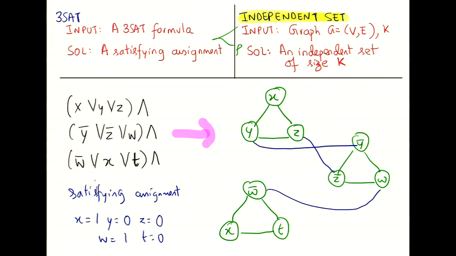Okay. And so we have a reduction from 3-SAT to independent set that we looked at last class. Let me just write it down. So what is the reduction?